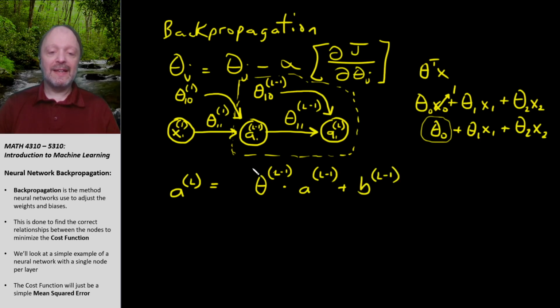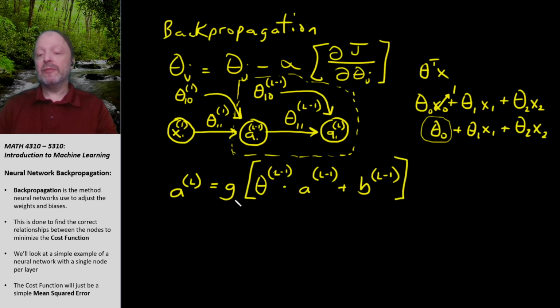Now, it's not exactly this, because I feed whatever this value is into the sigmoid function. G is the sigmoid. So it's like what we've been doing in the past. We want a value that falls between 0 and 1, so we just feed whatever this is into the sigmoid. Now, we're going to give this a name.